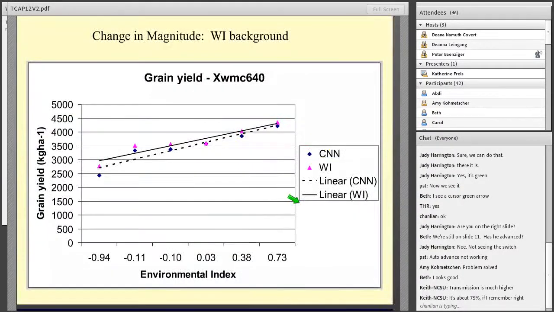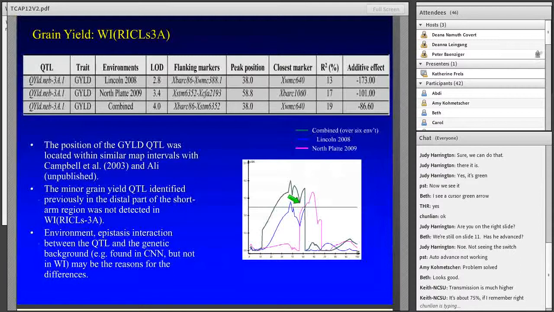Oh, I want to show you one slide before I get to the conclusions. Maybe I should go back. Yeah, let's summarize this. The position of the grain yield QTL is located within a similar map region as Campbell. So it meant that the Wichita Rickles were truly the mirror image of the Cheyenne Rickles.